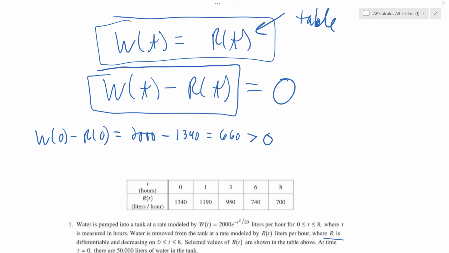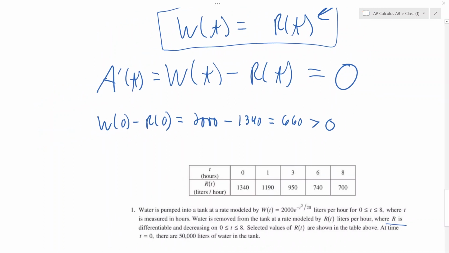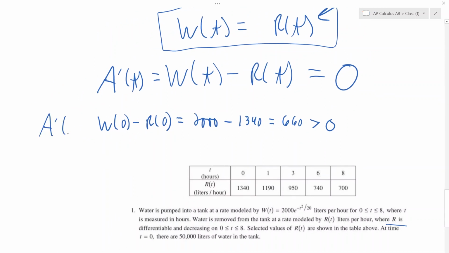It might also help us to name W minus R something, so we can call it one function and talk about this one function instead of two pieces. It doesn't really matter what you call it. Normally we call it A prime of t, where A is the amount of water in the tank function. So A prime of 0 is positive, is what we just showed.